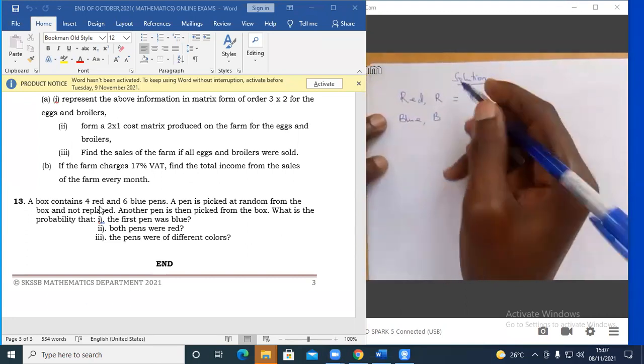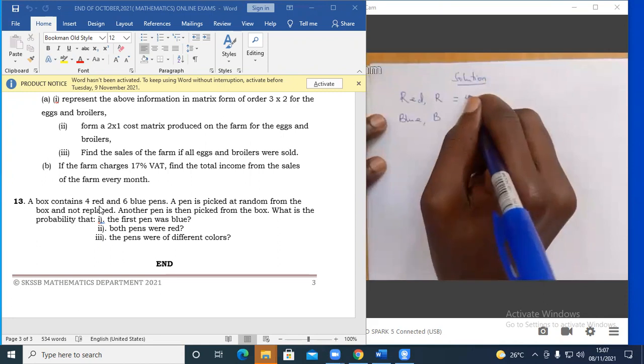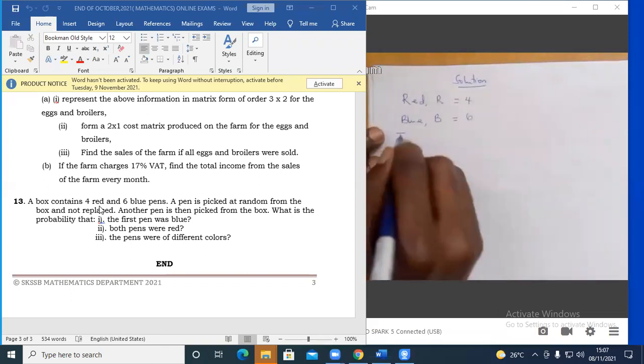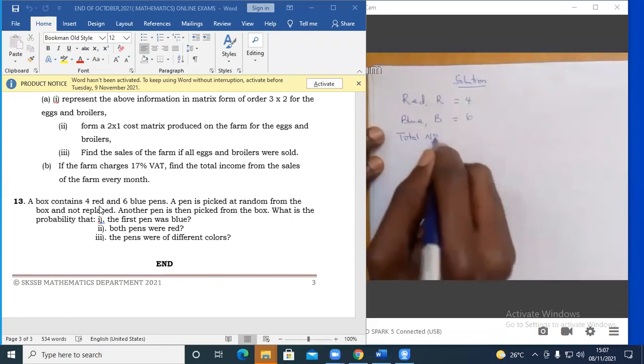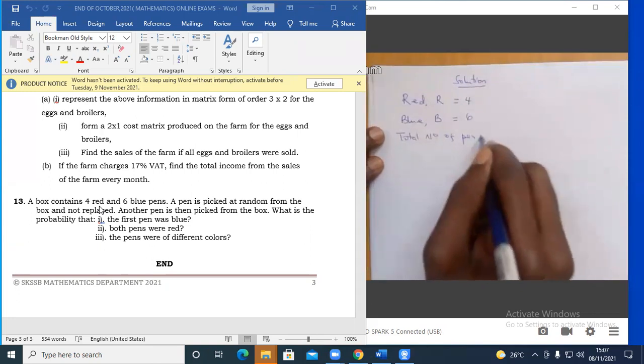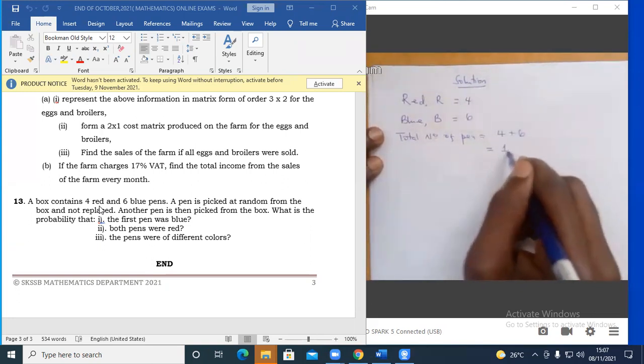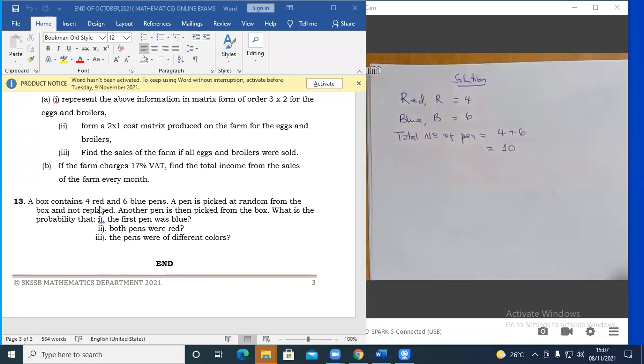Red there are 4, blue there are 6. What is the total number of pens in the box? It is 4 plus 6, which gives us 10.